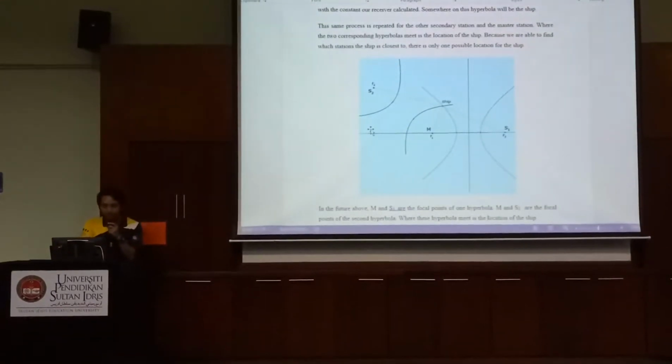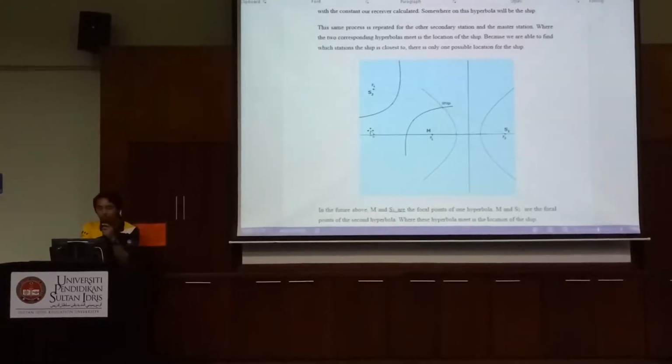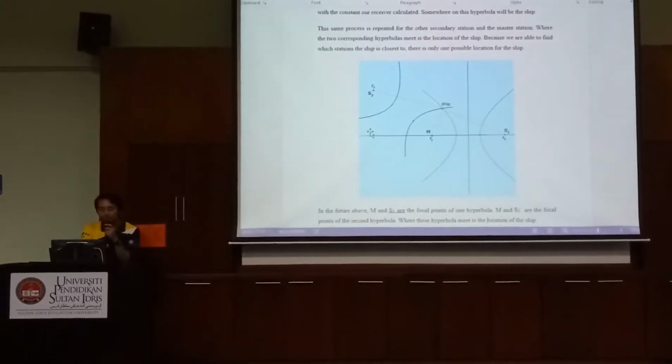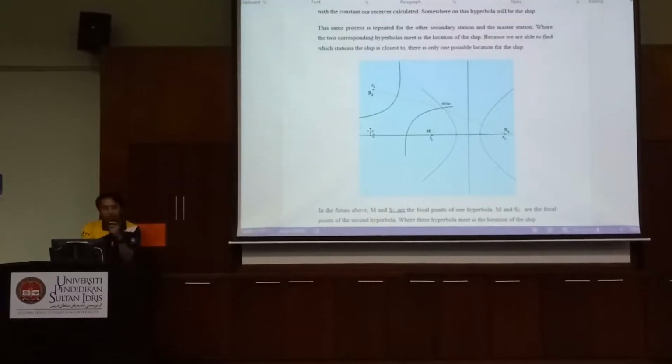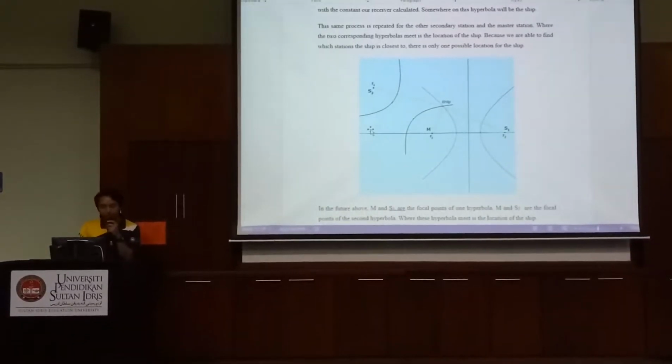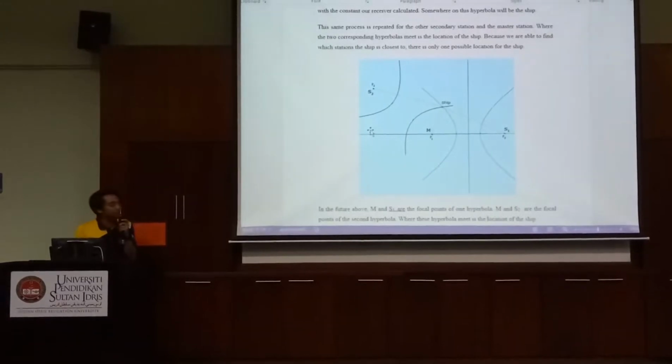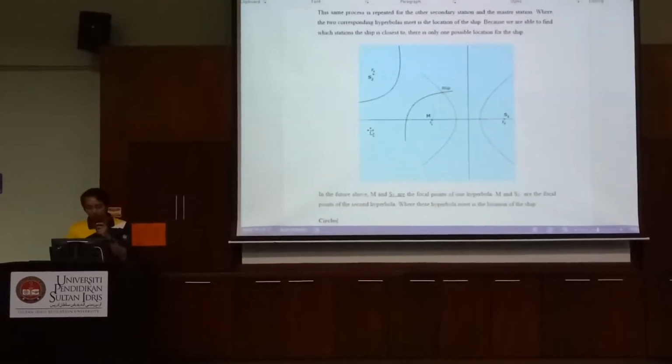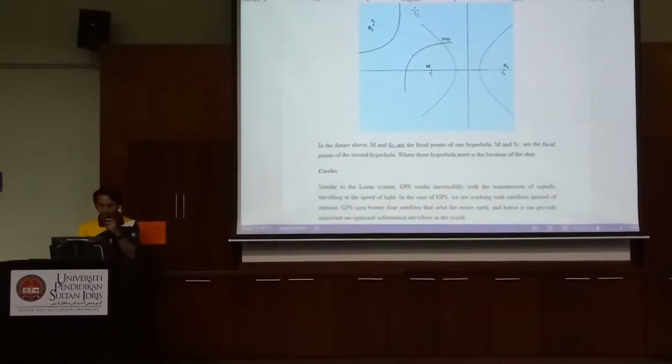This same process is repeated for the other secondary station and the master station, where the 2 corresponding hyperbolas meet in the location of the ship. Because we are able to find which station the ship is closest to, there is only one possible location for the ship, as shown in this figure.